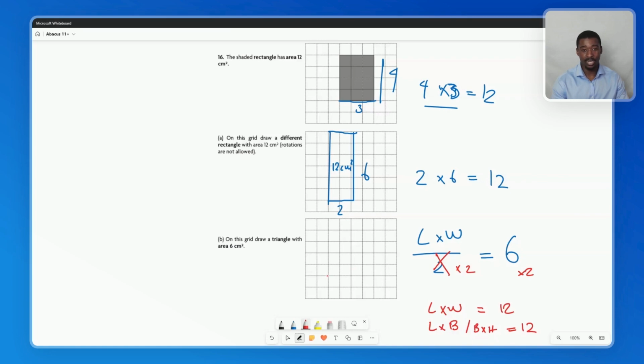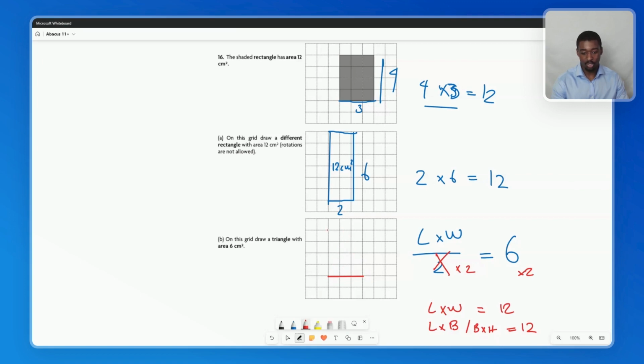We can have many combinations, but one answer could be a base of 3, 1, 2, 3, and a height of 4. So 1, 2, 3, 4. So we're going to have this triangle right here. This triangle will have an area of 6 centimeters squared.